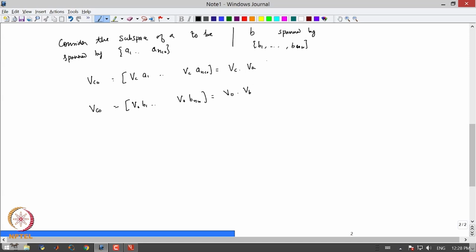Now, what is this VA here? VA is an n cross nco matrix, or rather nc cross nco. Similarly, VB is an no cross nco matrix.